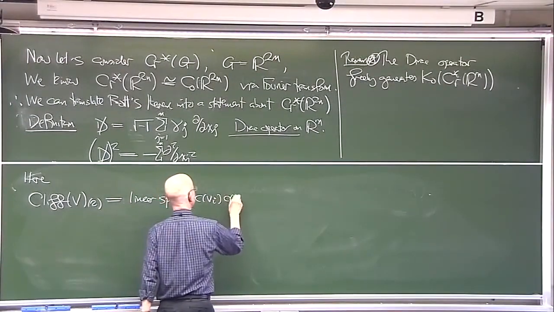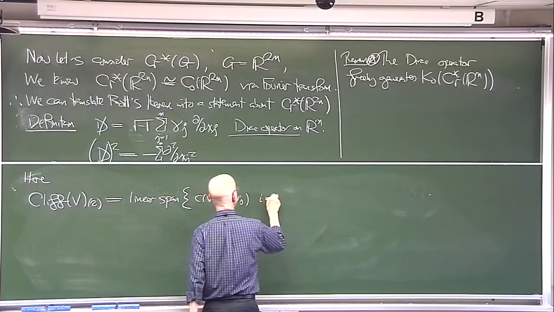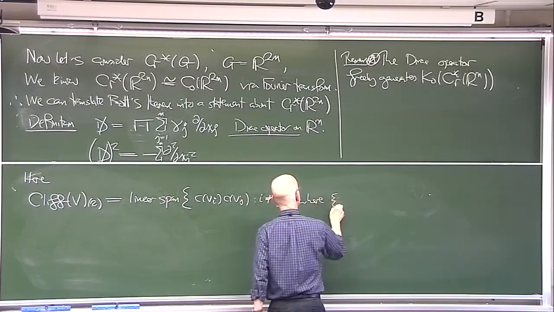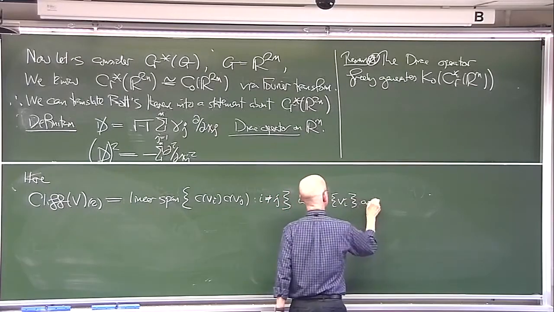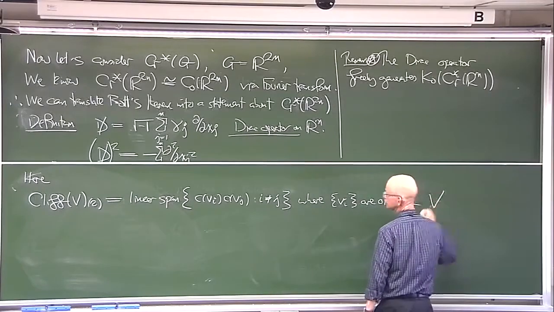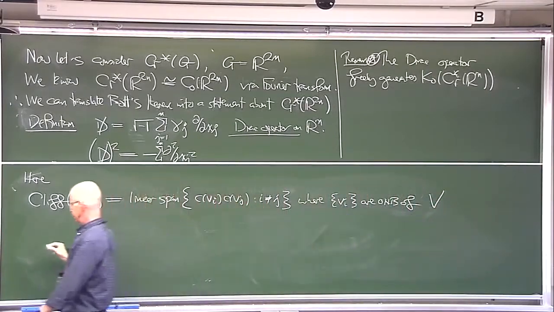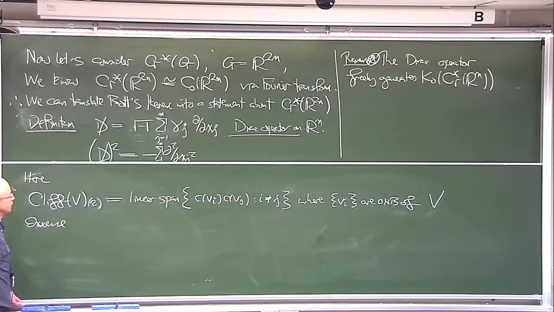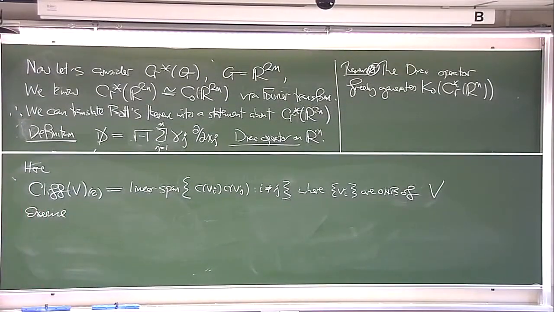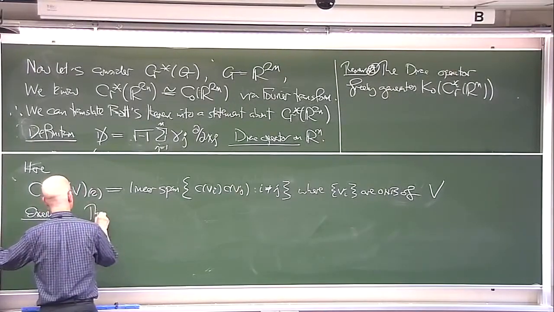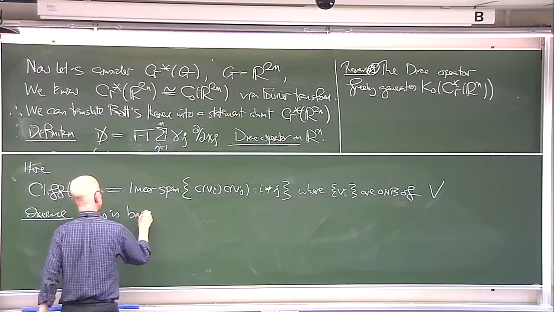Let's just do it this way, more or less. C of Vi, C of Vj, where the Vi's are an orthonormal basis of V. And another exercise, which is the only exercise you need to do to learn the elementary Clifford algebra theory, is just to check that this is basis independent.